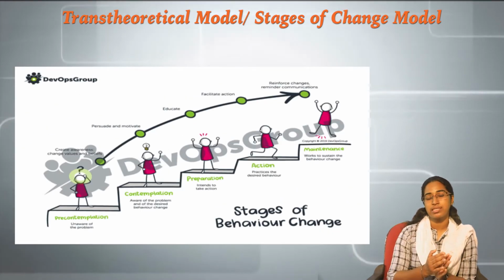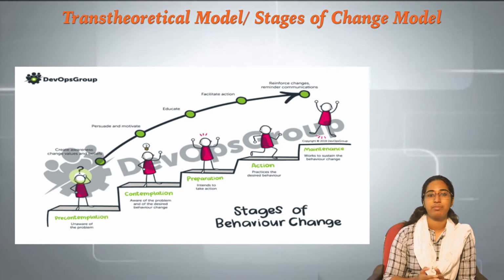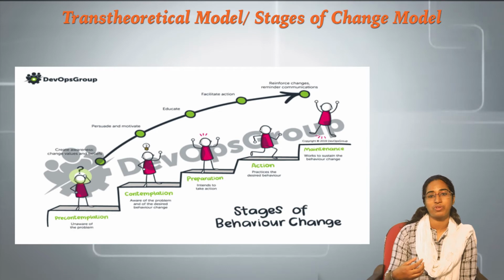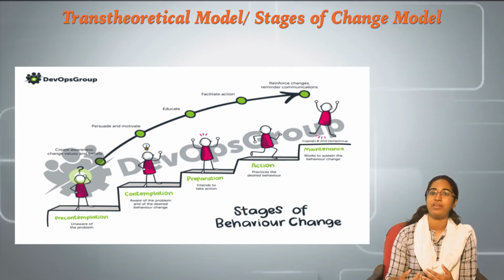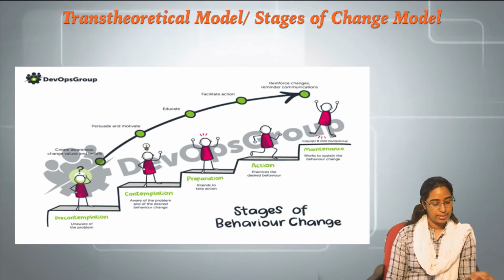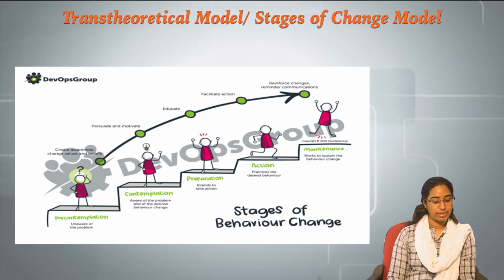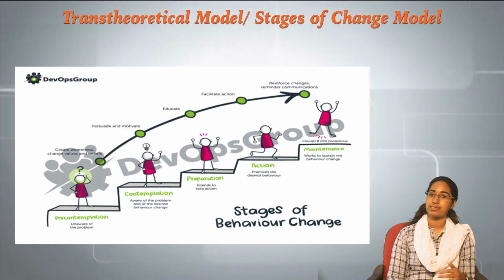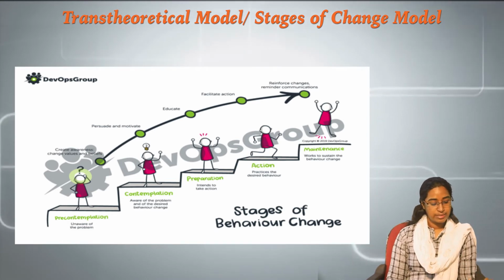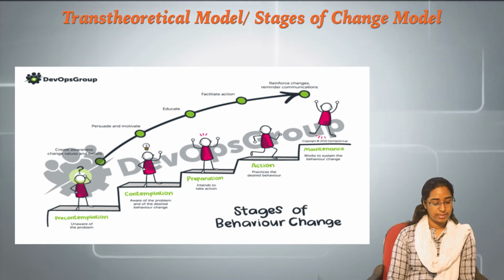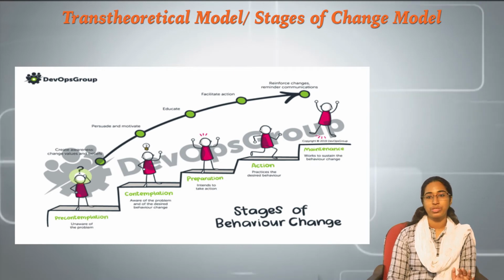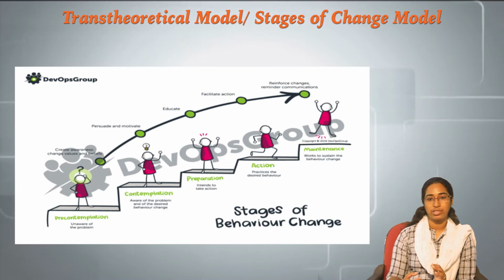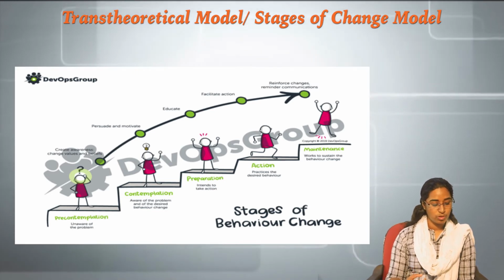So, in the first stage no individuals are ready to change, but coming to contemplation they are ready to change, that is to change something from different aspects of their life or the social factors, and later to the preparation stage, that is they are getting ready to change, and in this stage they decide what to change and how to change, and finally to action, that is how to change or what to change.